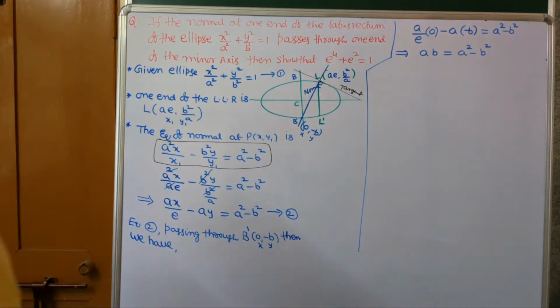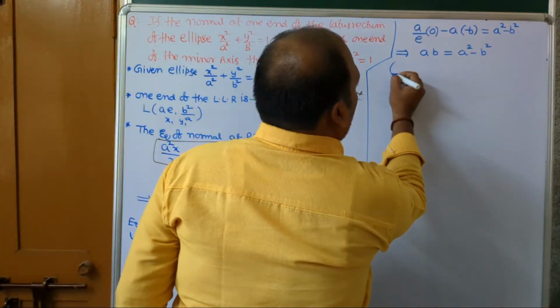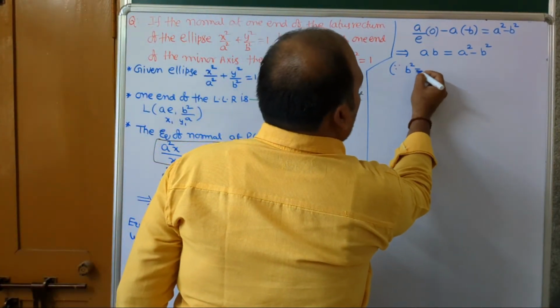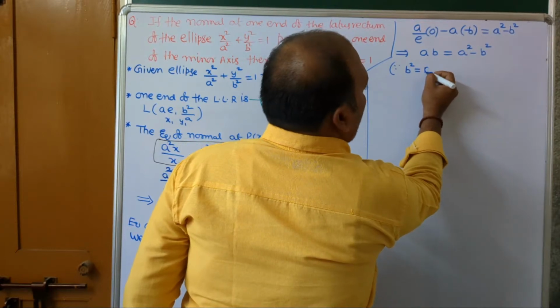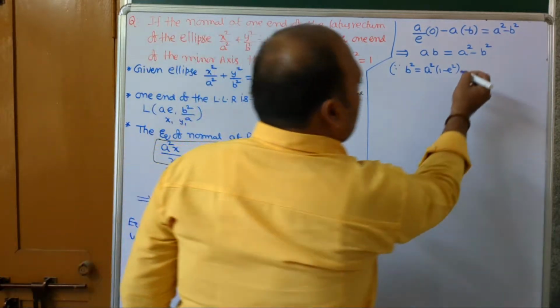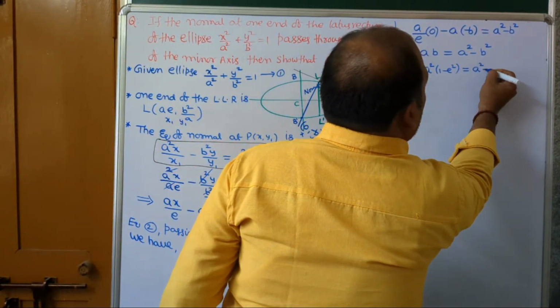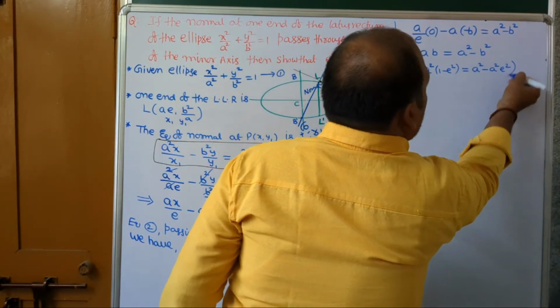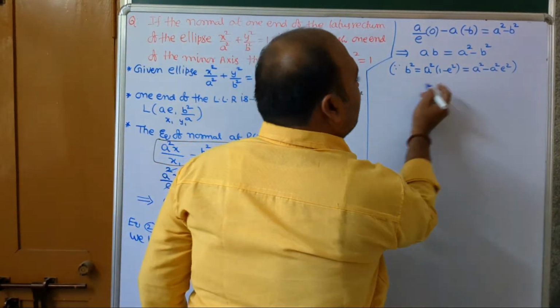After that, we know that b square equal to a square into (1 minus e square). So that can also be written as a square minus a square e square. So in place of b square, replace with this value.